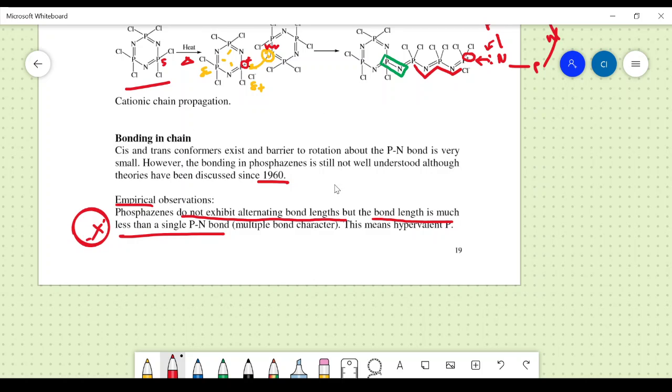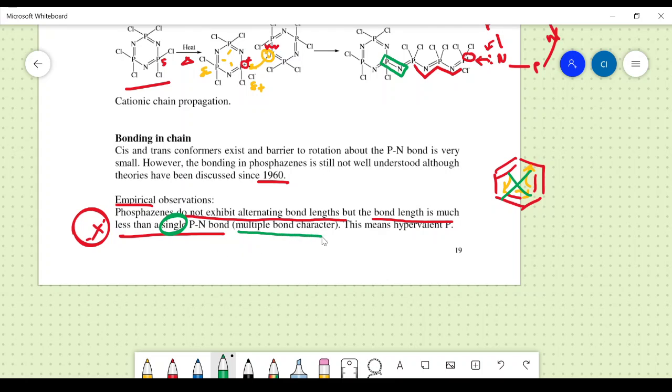So what it says is, there was this concept earlier that you have a double bonded system like this, and this bond keeps on moving like this and like this and like this, but this actually doesn't happen. So it is somewhere between a single bond and a double bond, with much less than single bond length.